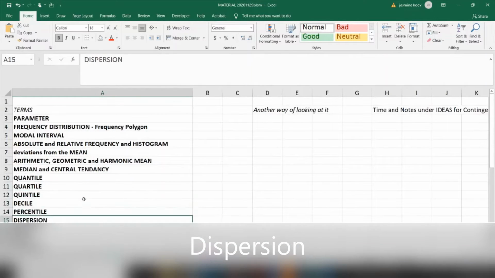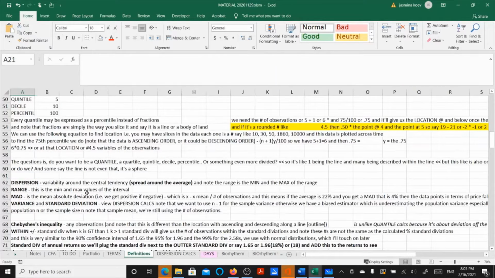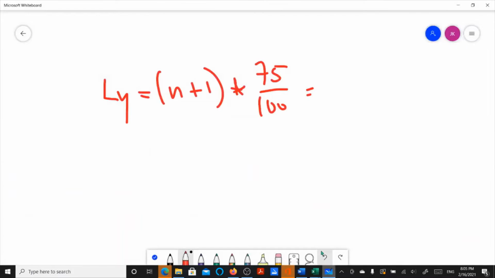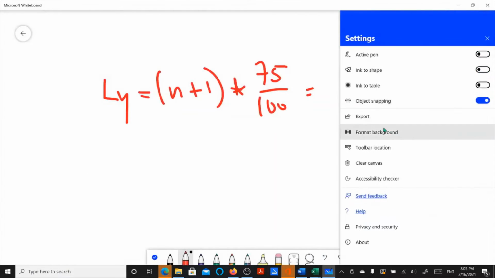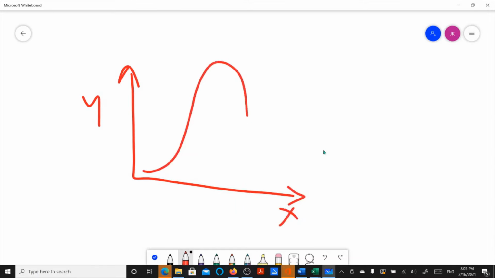Next, I wanted to touch on the calculation of dispersion and what that term actually means. The way I have that documented is that dispersion is the spread around the average. So we keep drawing our distribution over and over again as a bell curve. This is the y-axis, this is our x-axis, and this is our distribution, let's say student test results.